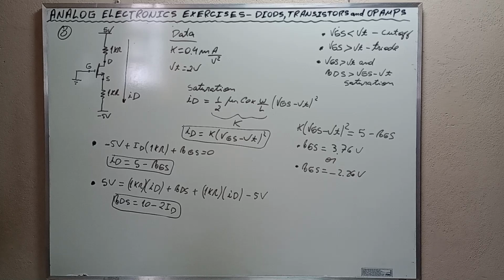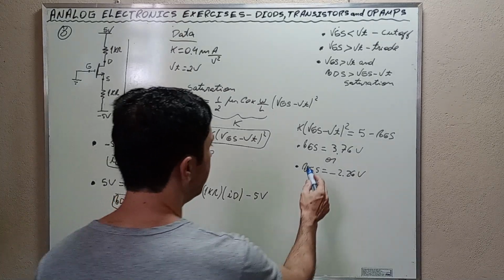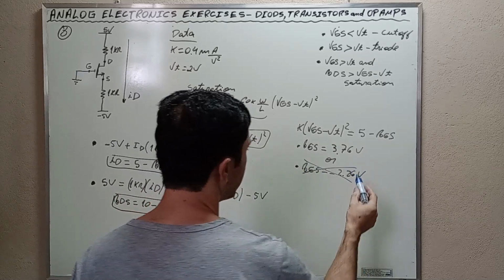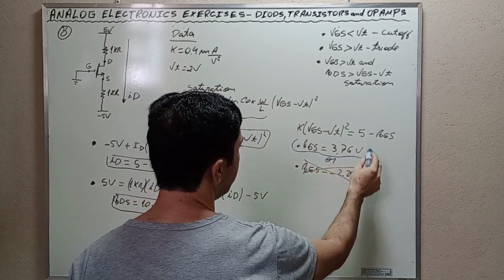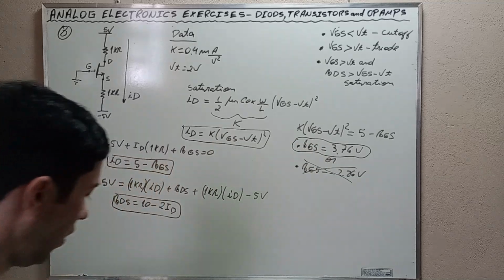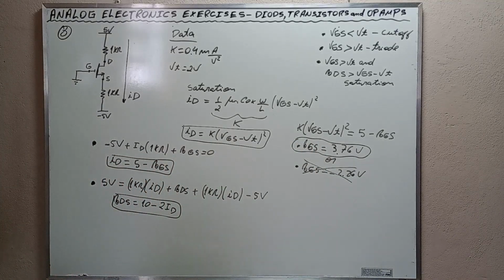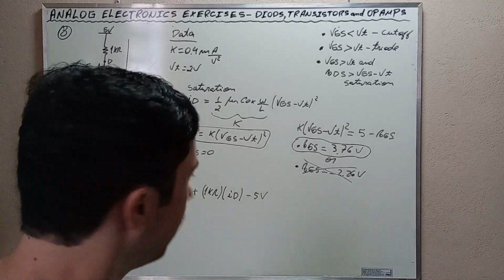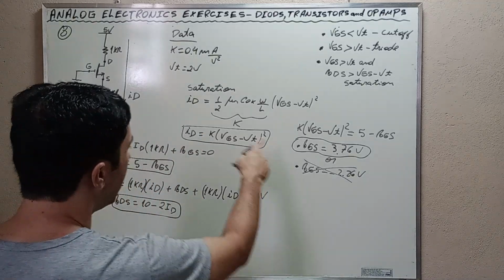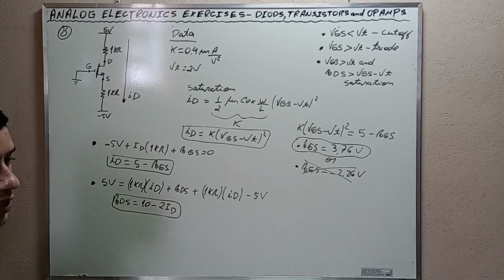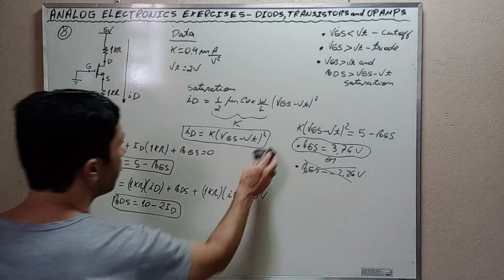As VT is 2 volts, the only solution that satisfies this condition is 3.76. Then this is not correct. The only correct one is this expression here. Okay, my friends, let me raise the board for some room because I'm going to need to write more things, but keep in mind these expressions here because we are going to use them.